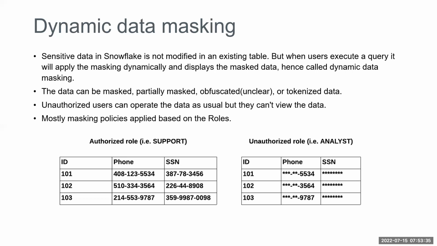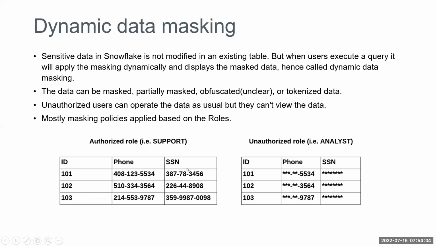But before going to the next slide, you can see here, this is the actual data. The left side, whatever is present in this table, is the actual data. It will be stored like this only in the storage layer. Whenever an authorized role, suppose the support role is authorized to see this data, executes the query with this role, it will display the data like this.